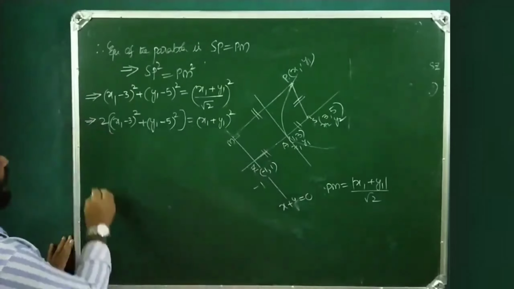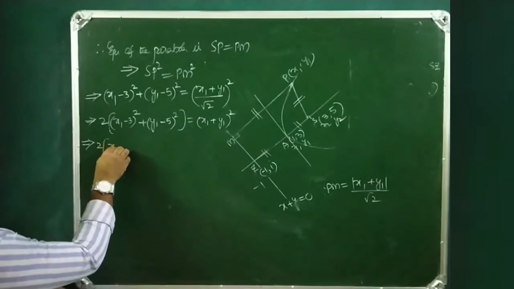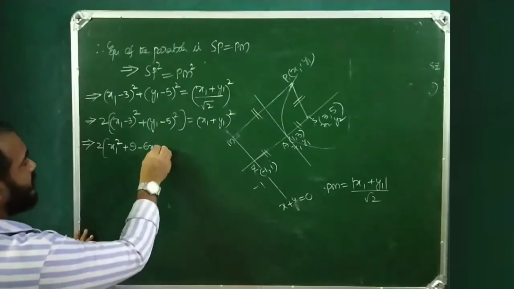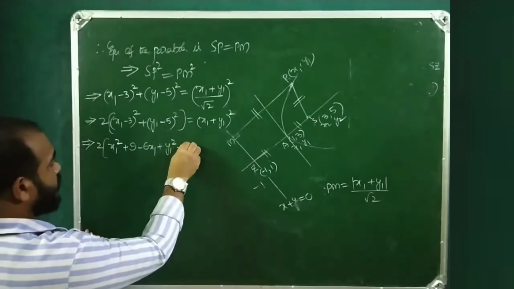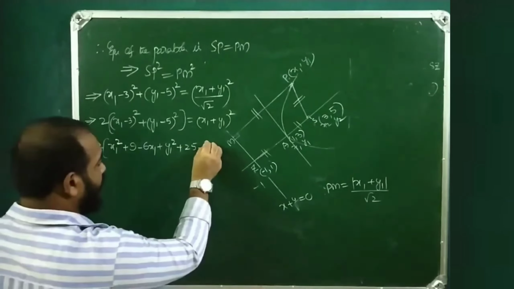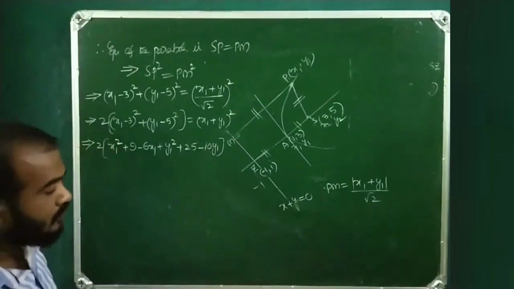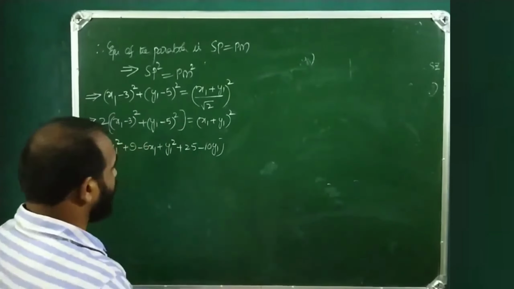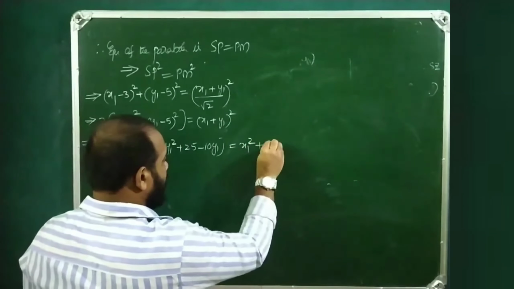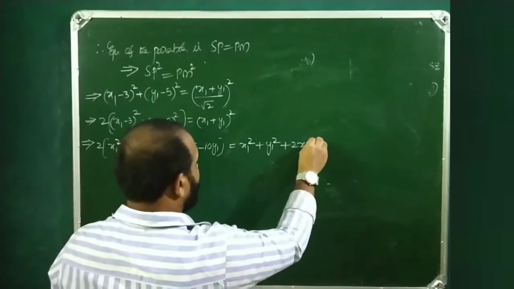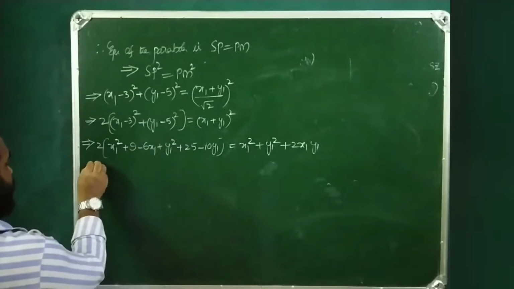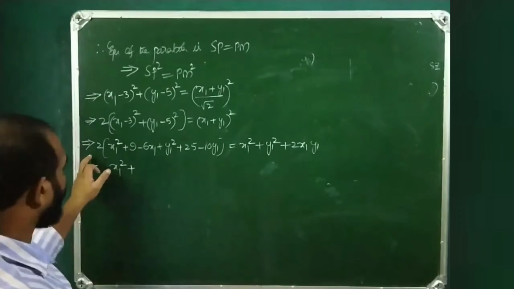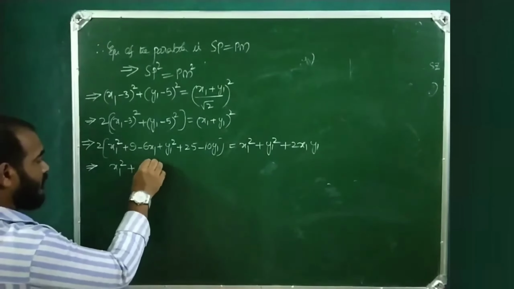This equals 2 into x1 square plus 3 square 9, minus 2 threes are 6x1, a minus b whole square, plus y1 square plus 5 square 25 minus 2 fives are 10y1, equals x1 square plus y1 square plus 2x1y1. Now 2x1 square minus x1 square is x1 square, plus 2y1 square minus y1 square is plus y1 square.